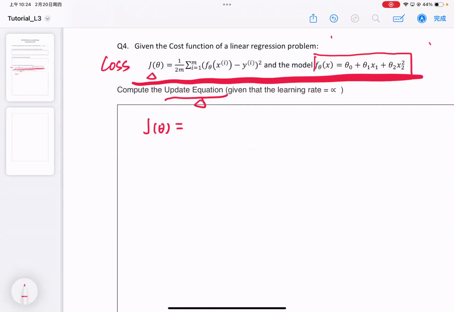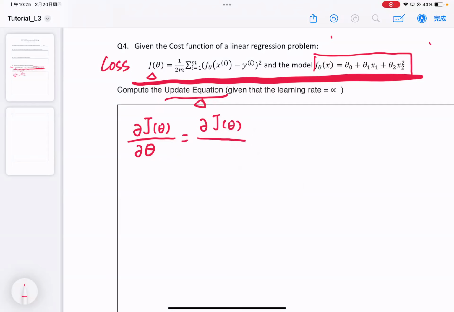When we are calculating the partial derivative of J(theta) with respect to theta, this is called the chain rule.